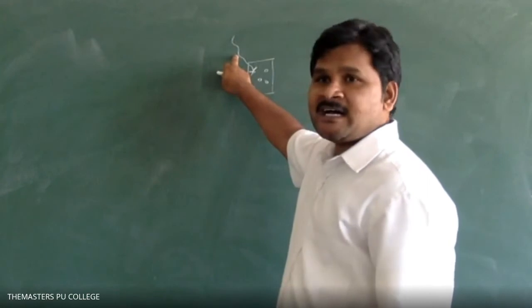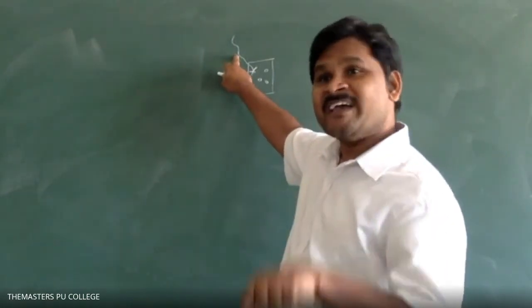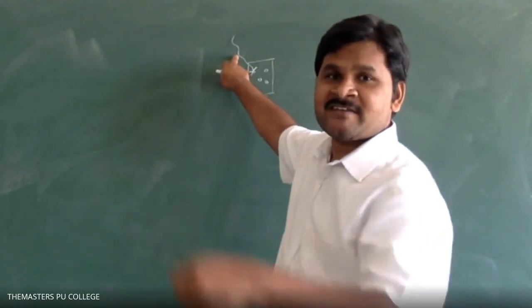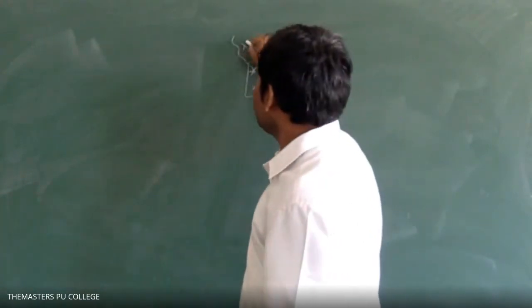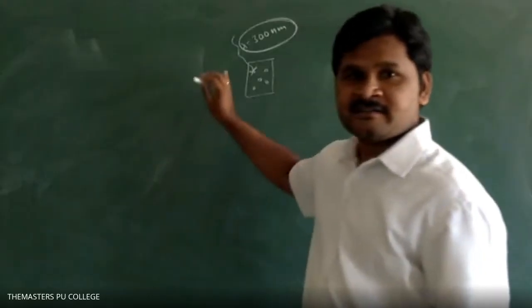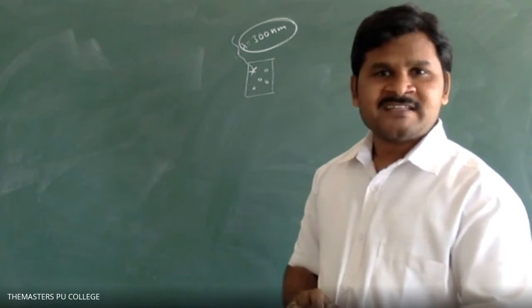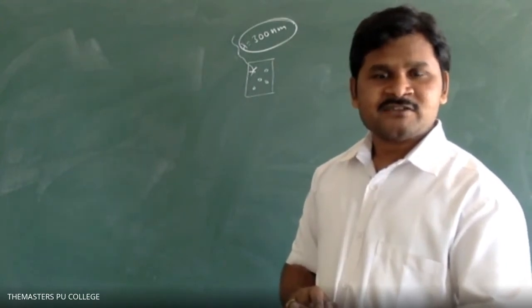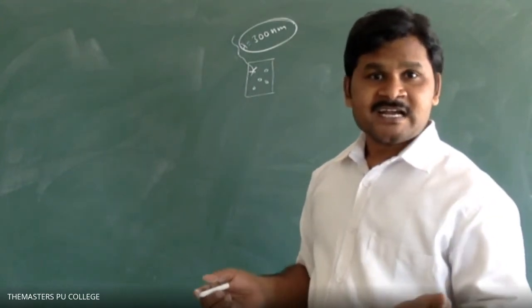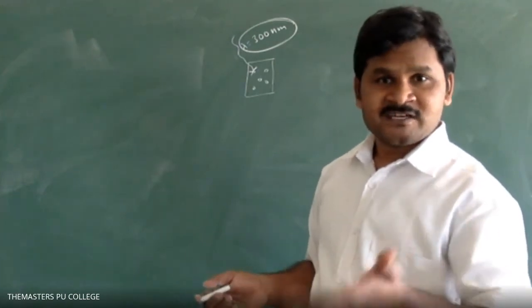The energy of this light is not given. What is given? Wavelength is given, 300 nanometers. If wavelength is given, is it possible to calculate energy? Yes, we can calculate: E is equal to hc by lambda. The formula is there.